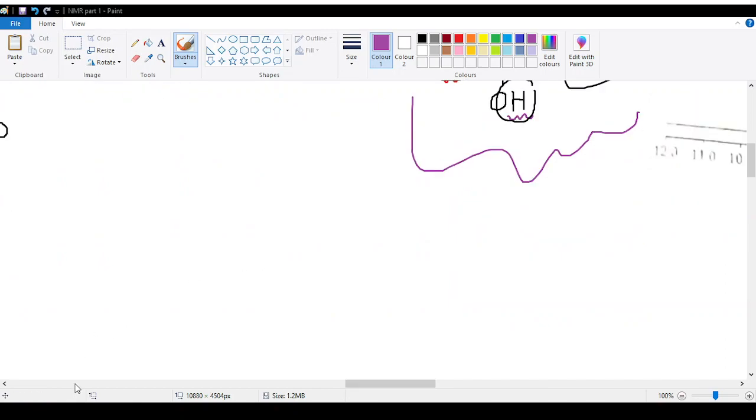Some more examples. Let's do butanol. Butanol is something like this.